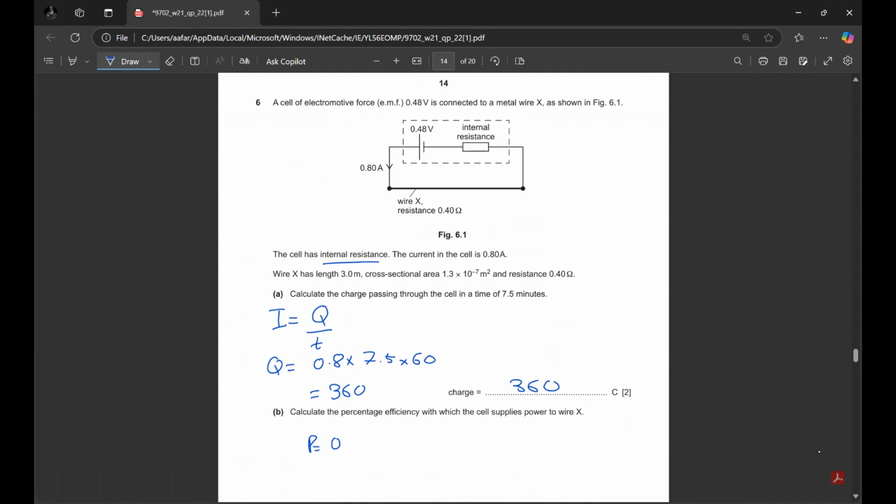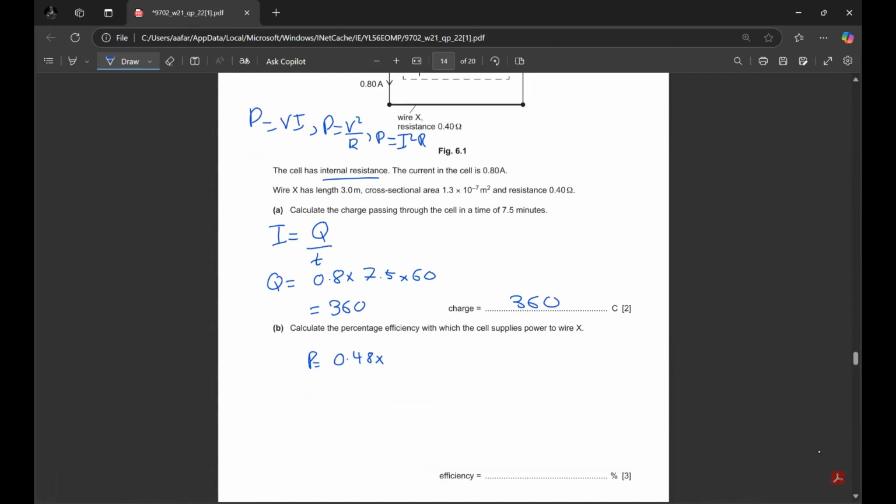Power of the cell is equal to 0.48 times I. We have multiple formulas for power: P is equal to VI, or we can also use P is equal to V squared over R, or P is equal to I squared R. Similar formulas. 0.48 into 0.8. That's the power of the cell. We call it P cell.